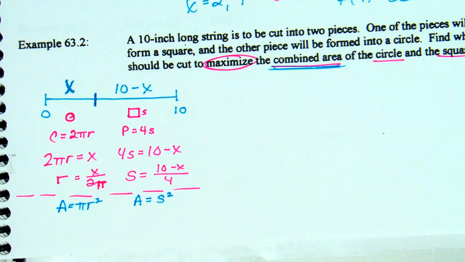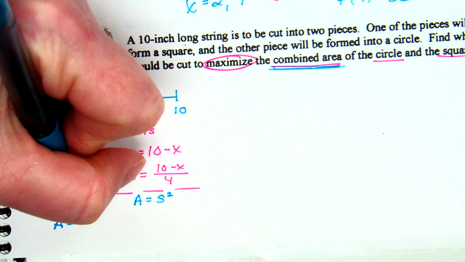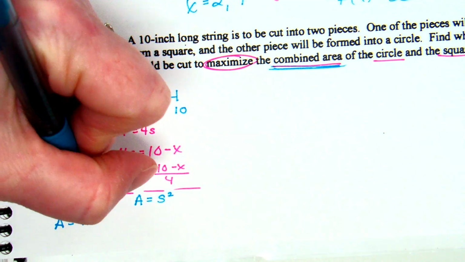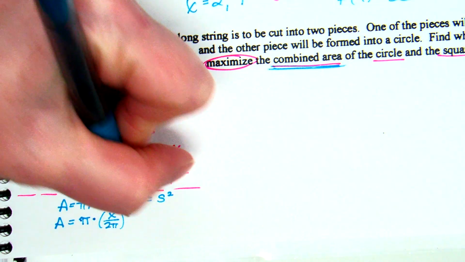If I try and combine this area, pi r squared plus s squared, I'm talking two different variables. And we don't want to talk two different variables. So this is where I'm going to use what I have right above and sub it in. So if it's pi times r squared, I'm going to say pi times, and for r, I'm going to say x over 2 pi, quantity squared.